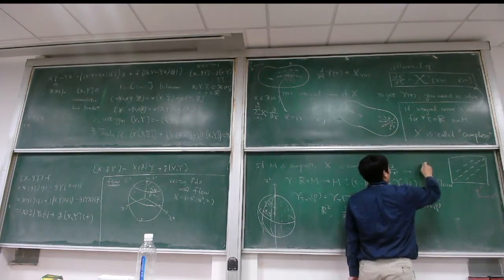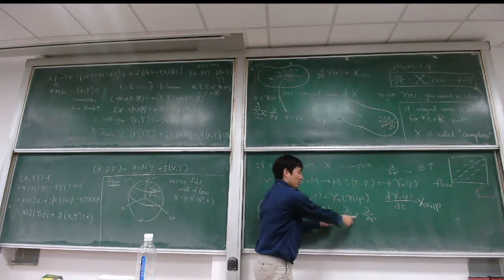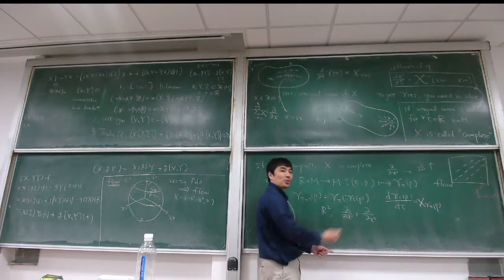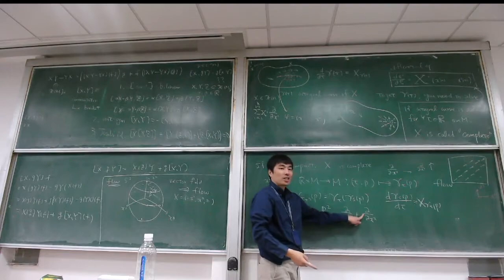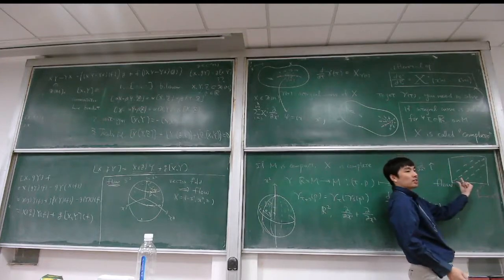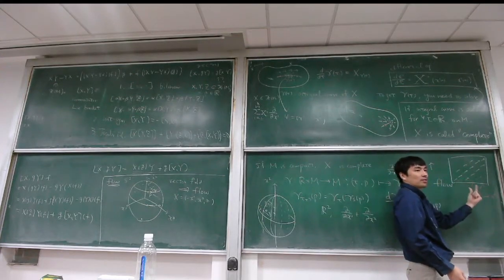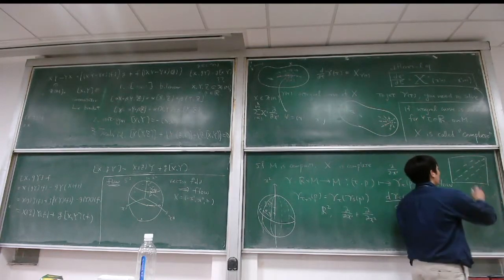Partial x2 is this direction. And it's a linear combination, 1 plus 1, so it should be diagonal. And it's just constant at any point, so the length should be, whatever, square root 2 on a diagonal line.